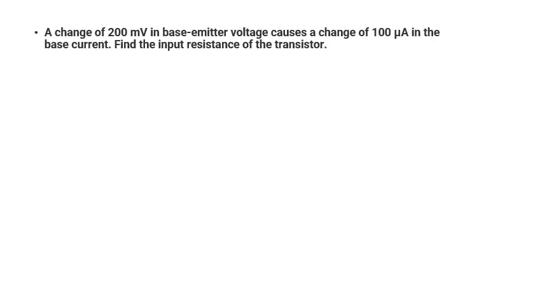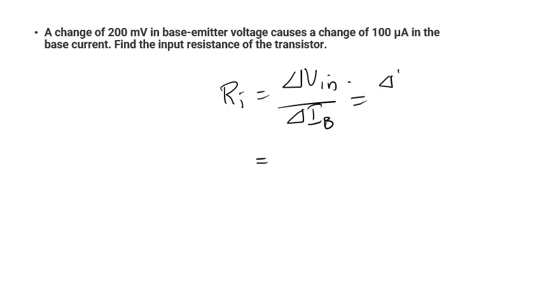Next question: a change of 200 millivolt in the base emitter voltage causes a change of 100 microampere in the base current. Find the input resistance. Again, it is a very straightforward question. The input resistance Ri is equal to delta V in by delta IB, in the common emitter configuration once again. Delta V in means the change in voltage between the base and the emitter, divided by delta IB.